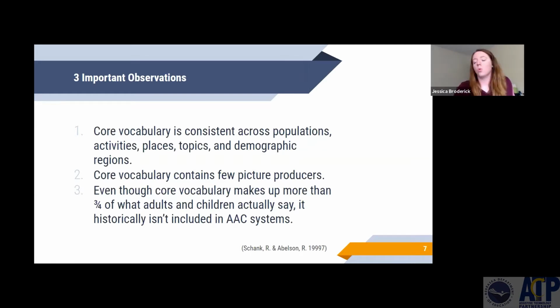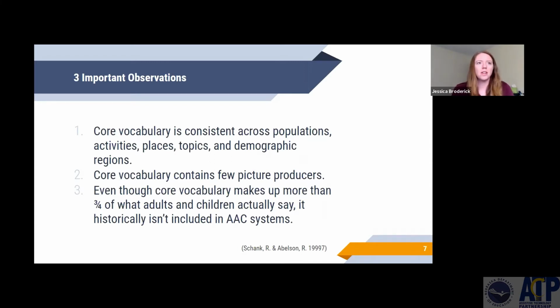It doesn't matter what age you are, what activity you're doing, where you are in time or space, what you're talking about. These words are consistent. The problem is that not a lot of those words contain good picture producers.